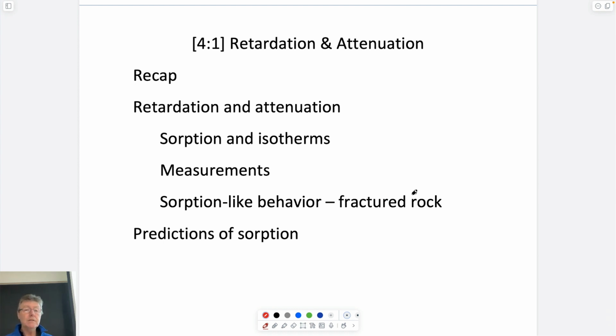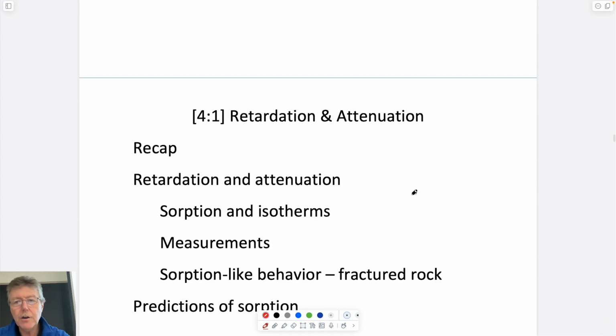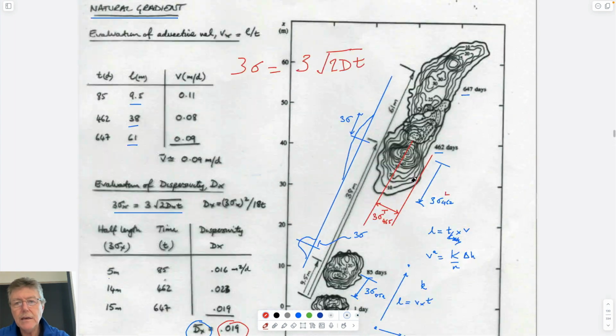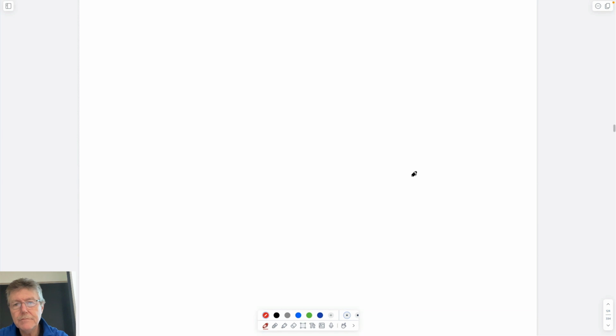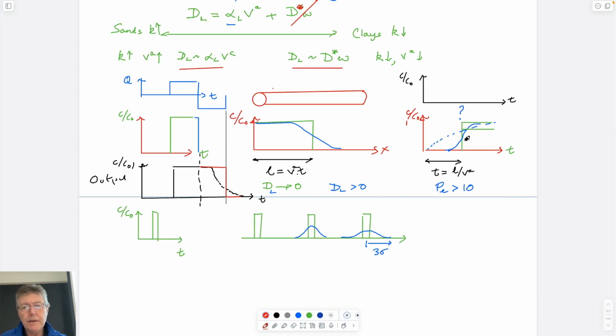And retardation means that because it's doing that, it's taking the front and making it appear to go less quickly because it's taking mass out of it. And so not only will the front be canted over at the time of arrival, as we had here, but it might also be delayed in time and arrive later because it's no longer moving at this rate here, but it's being delayed in its arrival because the stuff in here is being sorbed, taken out of the water and attached to the static organic carbon.